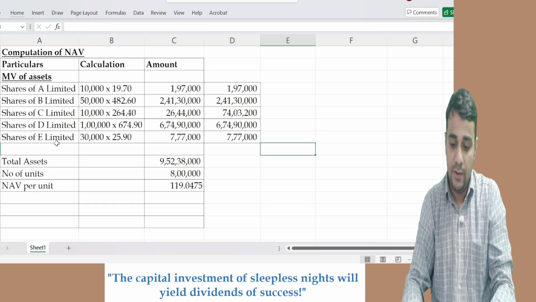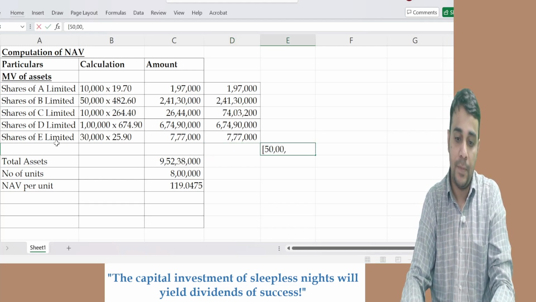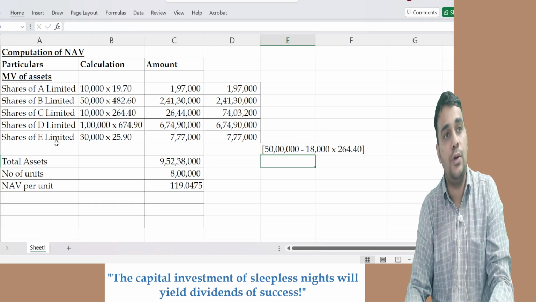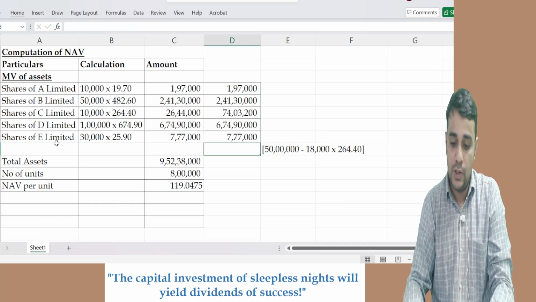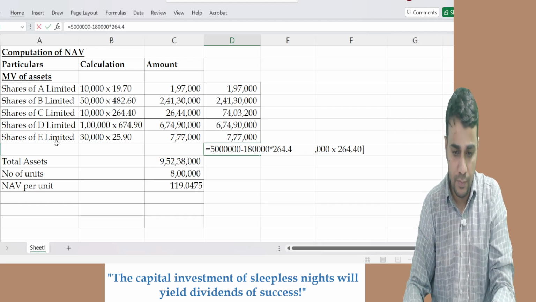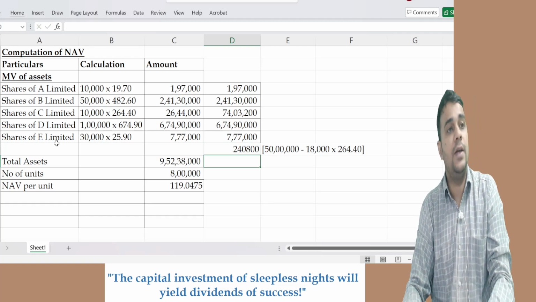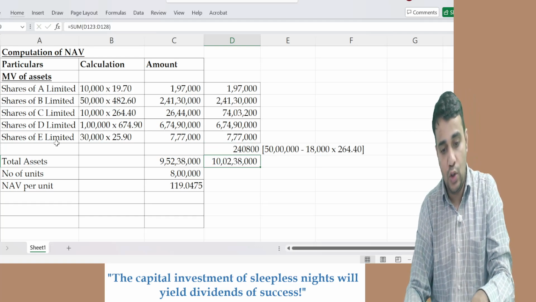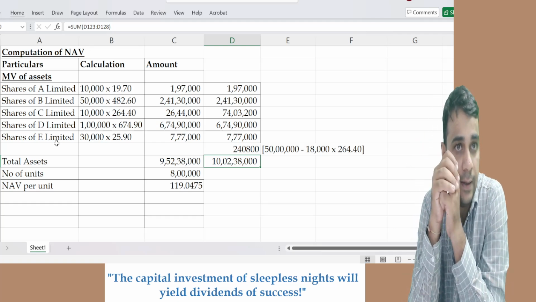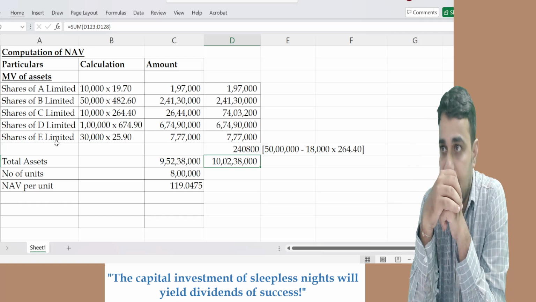Cash is 50 lakh minus 18,000 into 264.4. So this will be the cash balance left over: 2,40,800, and total asset went up by 50 lakh rupees exactly.